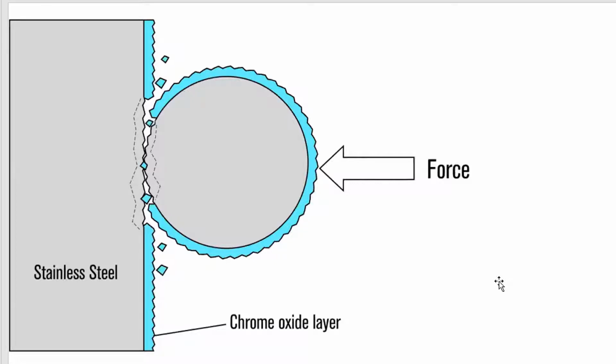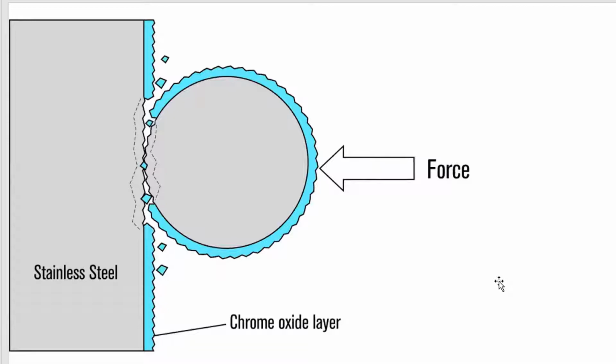And once you wear a chrome oxide layer away, and this is true really whether it's in air or flooded with something or even lubricated with something, there is going to be just enough oxygen present, even if it's just some residual atomic oxygen in there. And what it will do is wear away the chrome oxide layer.